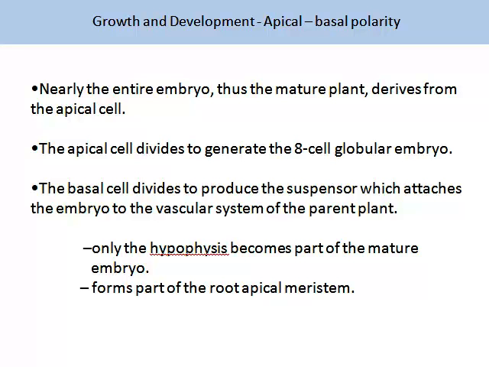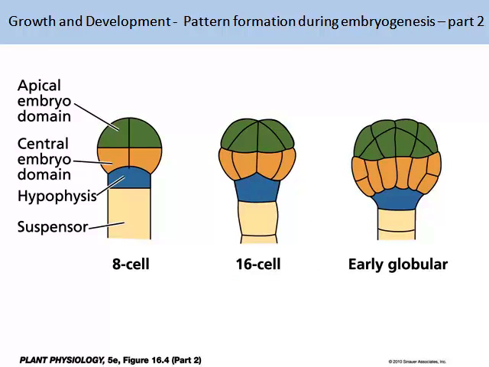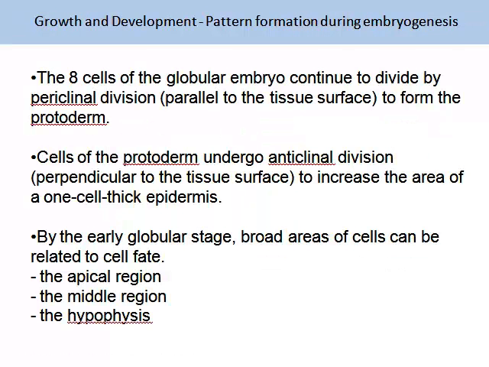Only the hypophysis becomes part of the mature embryo. This forms part of the root apical meristem. In this slide you can see how the apical embryo divides into an 8-cell, then a 16-cell, then an early globular unit. The 8 cells of the globular embryo continue to divide by periclinal division, that is, parallel to the tissue surface, to form the protoderm.